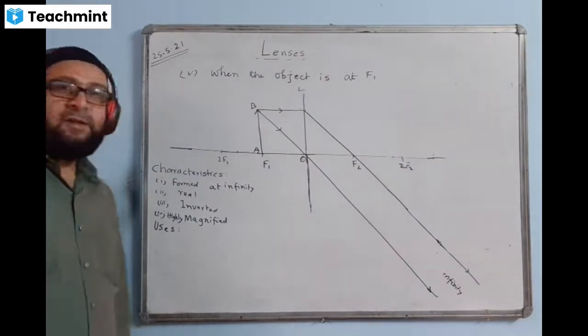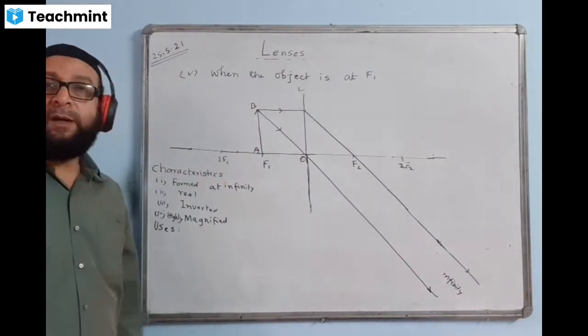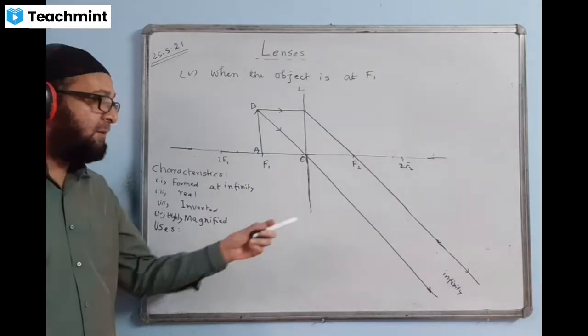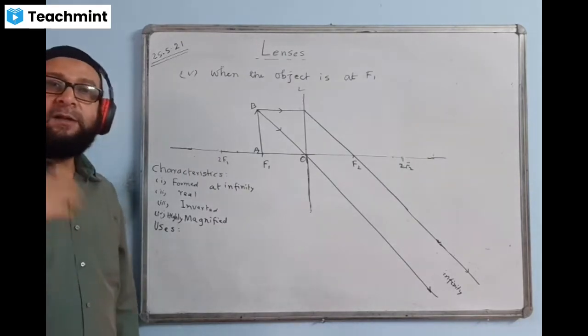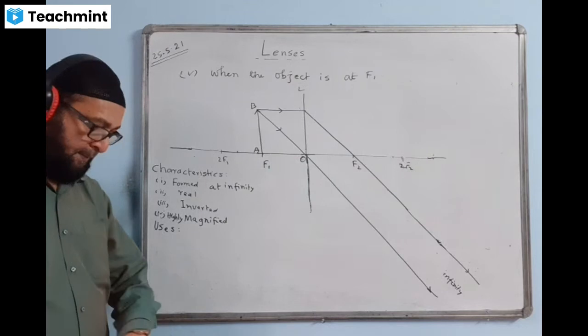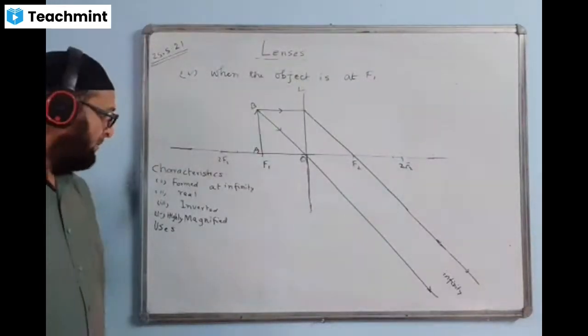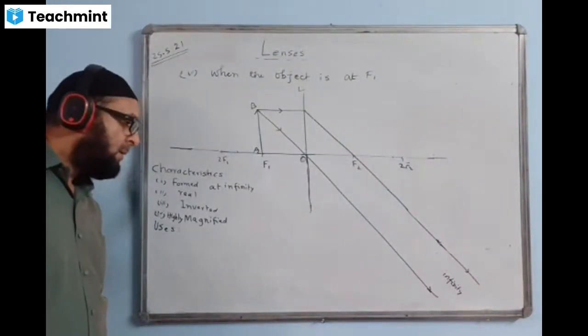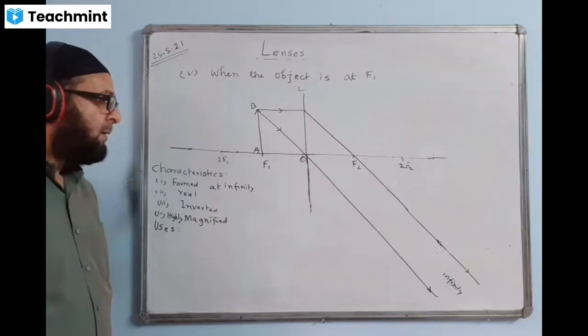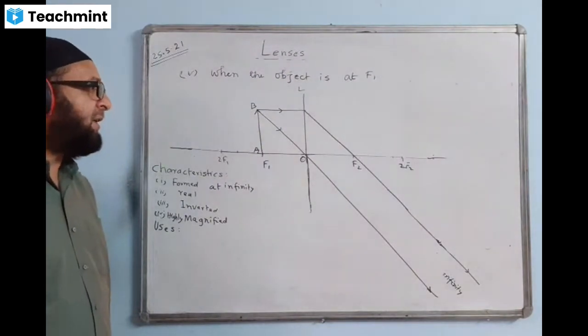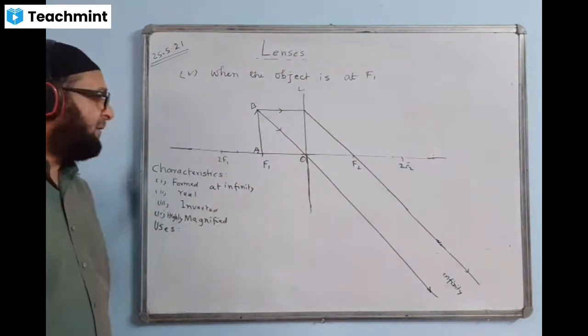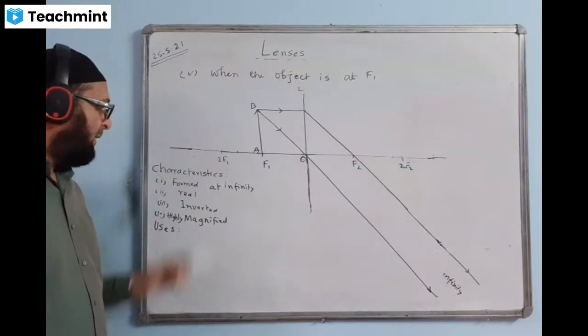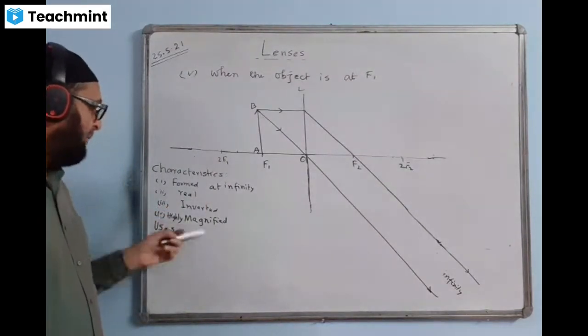In the first case, the image was highly diminished like a point, the burning glass we have used. Now this time the image is highly magnified, just the opposite, reverse. Image is formed at infinity, real, inverted, highly magnified.